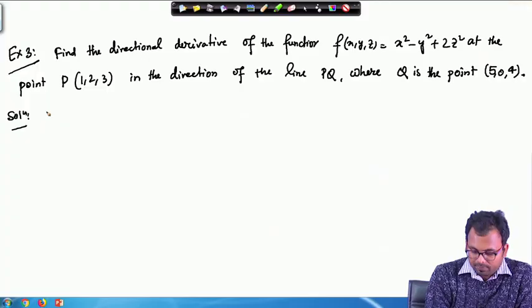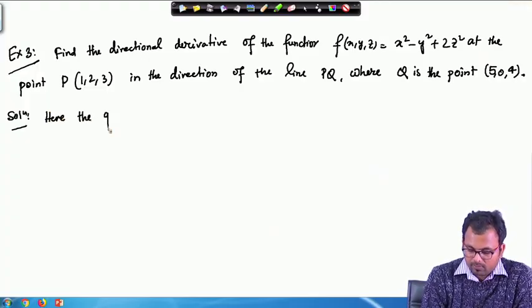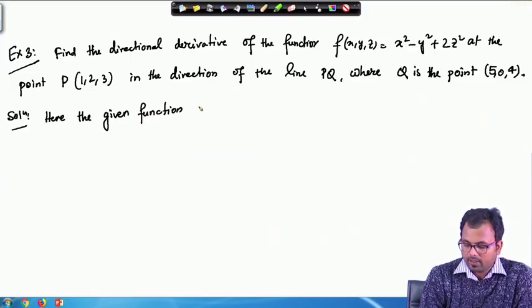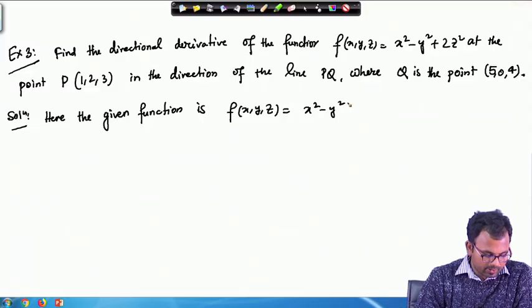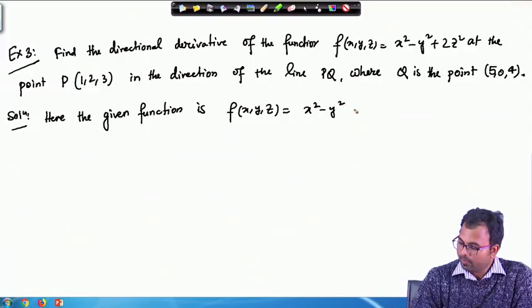So, here the given function is f(x, y, z) equals x square minus y square plus 2 z square.